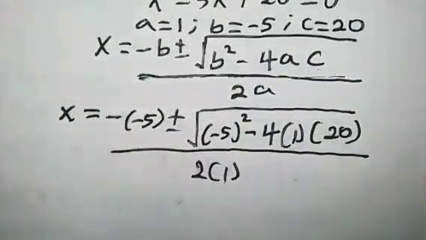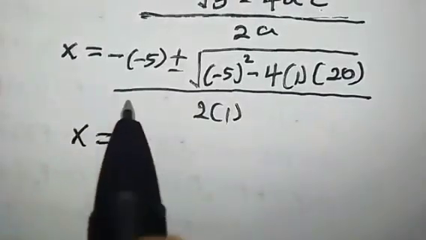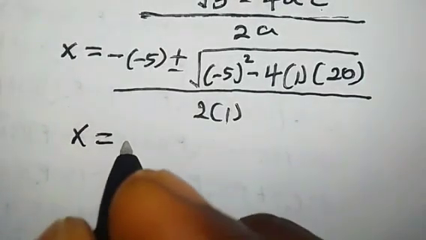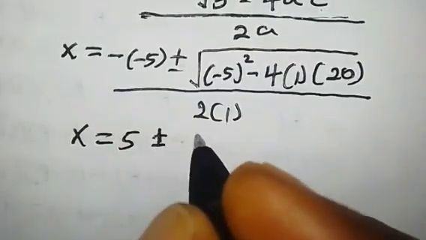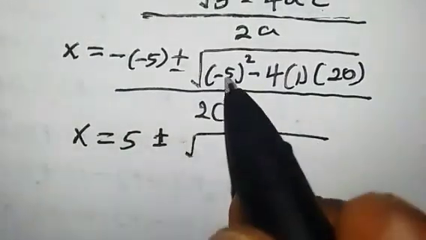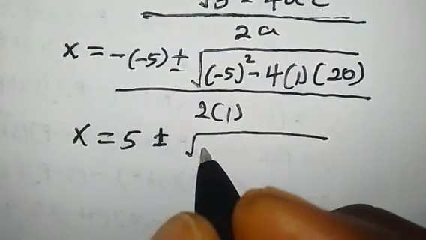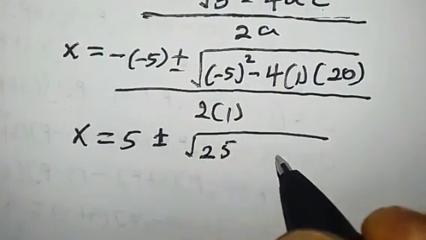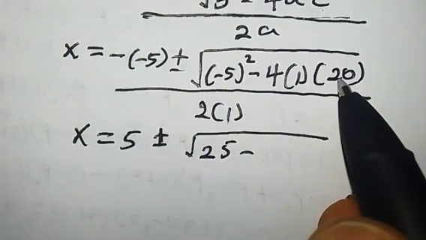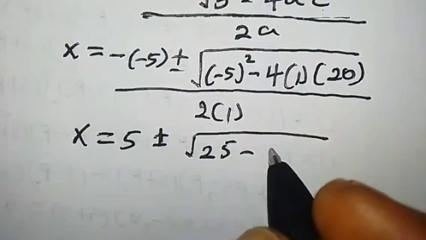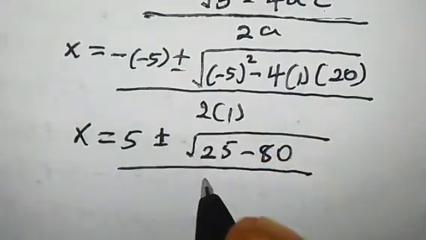So we have x equal to minus times minus 5, that is 5, plus or minus the square root of minus 5 all squared, that is minus 5 times minus 5, which is 25, minus 4 times 1, that is 4, times 20, that is 80, all divided by 2 times 1, 2.